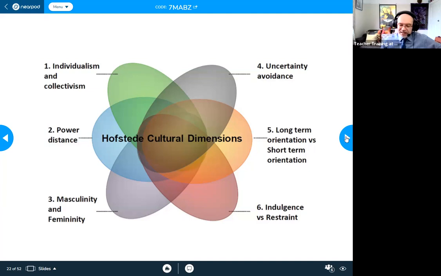Essentially, Professor Geert Hofstede set up a global research group to look at how cultural differences impact on learning. So he had to establish a model to identify how are we going to measure the differences in cultural values and beliefs. And so these are the 6 dimensions that he came up with.